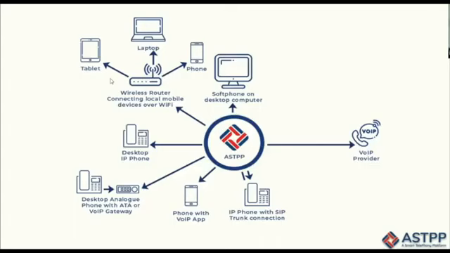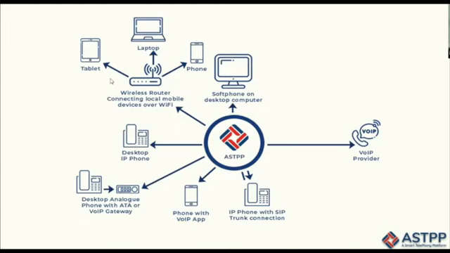As you see here, there are various SIP devices registered with ASTPP, like a tablet, laptop, phone, desktop IP phone, etc. All these different SIP devices or extensions are registered with ASTPP. Now when any of these extensions dials a number, the call request comes to ASTPP first, and after that ASTPP will route the call to your provider. So this is how a call works with ASTPP.